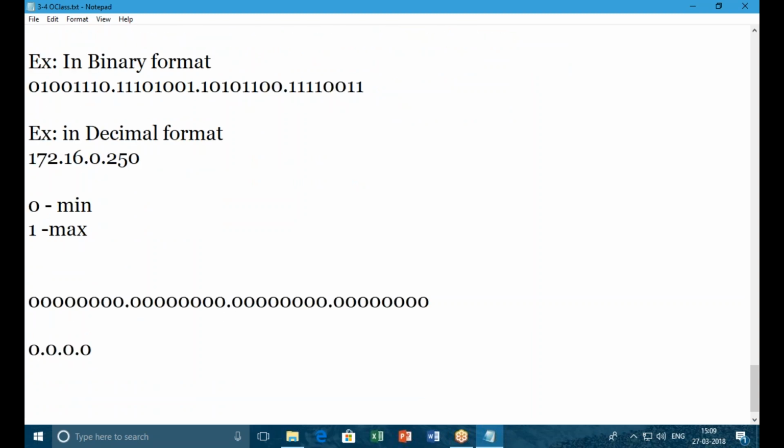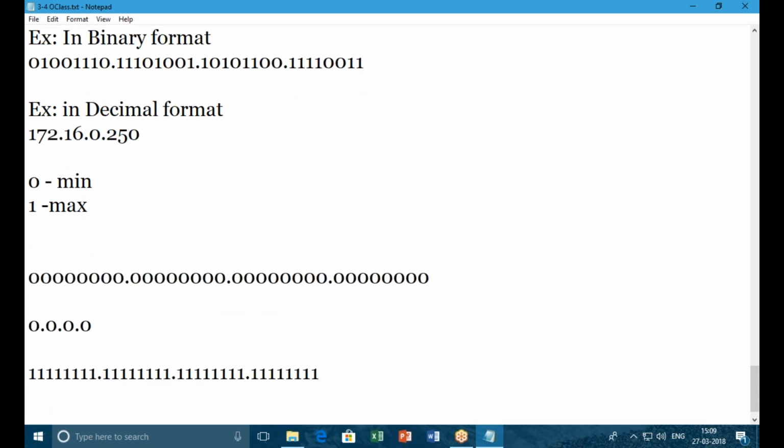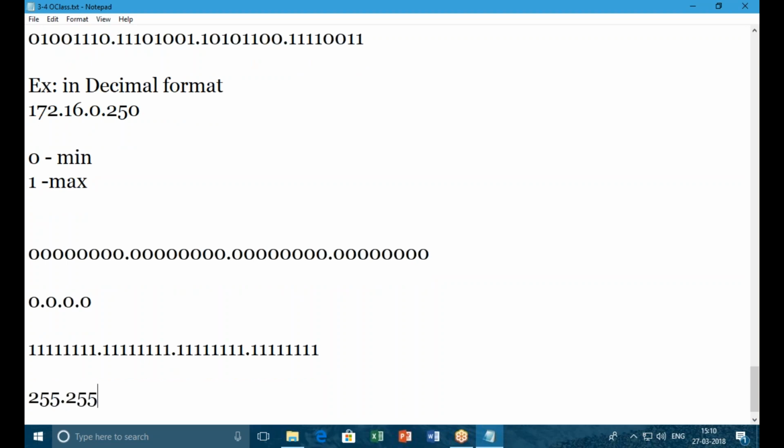Now if you have the maximum number, that is if you have ones, when you convert this binary value into decimal value, it will be 255.255.255.255.